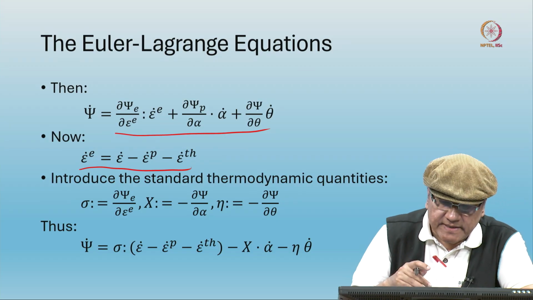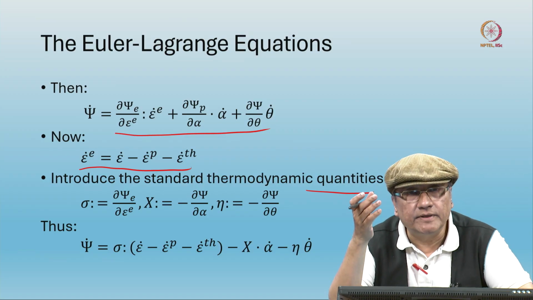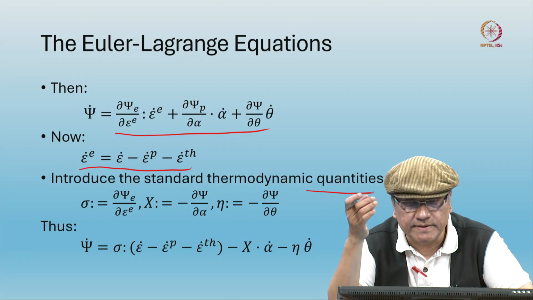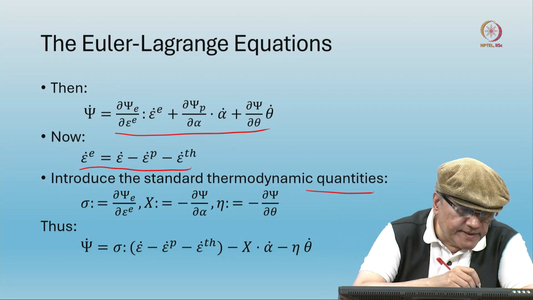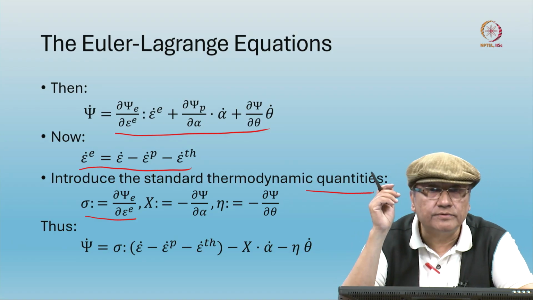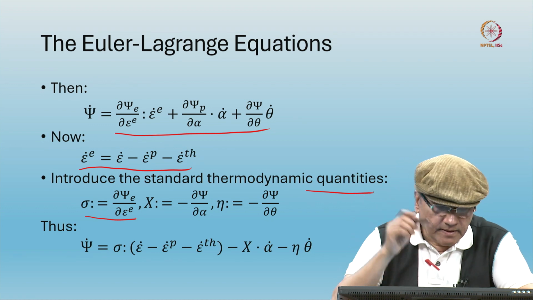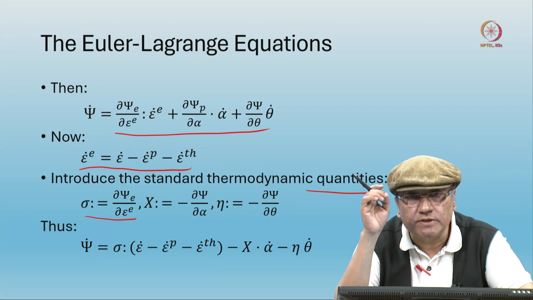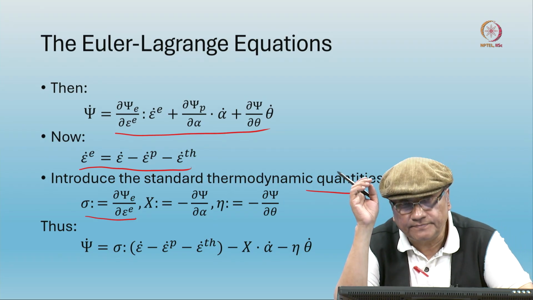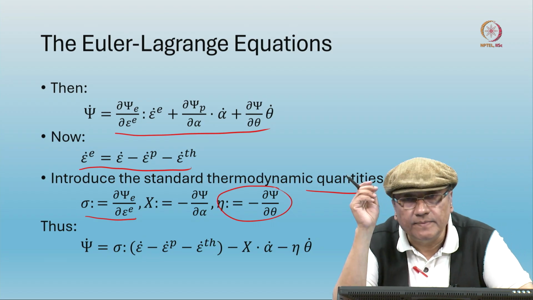Now introduce the standard thermodynamic quantities. These are also based on the Coleman-Noll procedure, which we have already discussed in great detail, and you will be getting these closure relationships. For example, sigma is del psi E by del epsilon E. X, the thermodynamic force conjugate to alpha dot, will be minus del psi by del alpha, and eta, the entropy, is minus del psi by del theta.